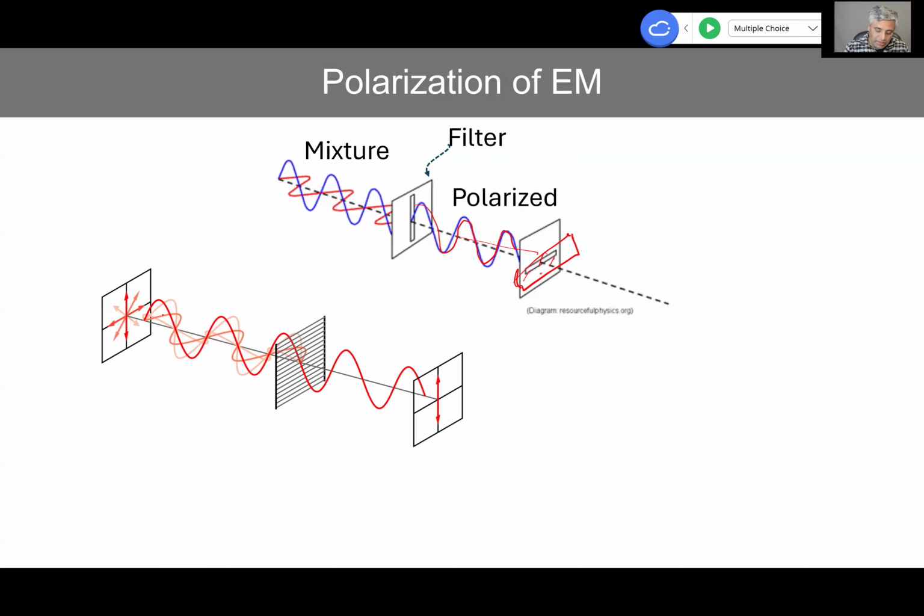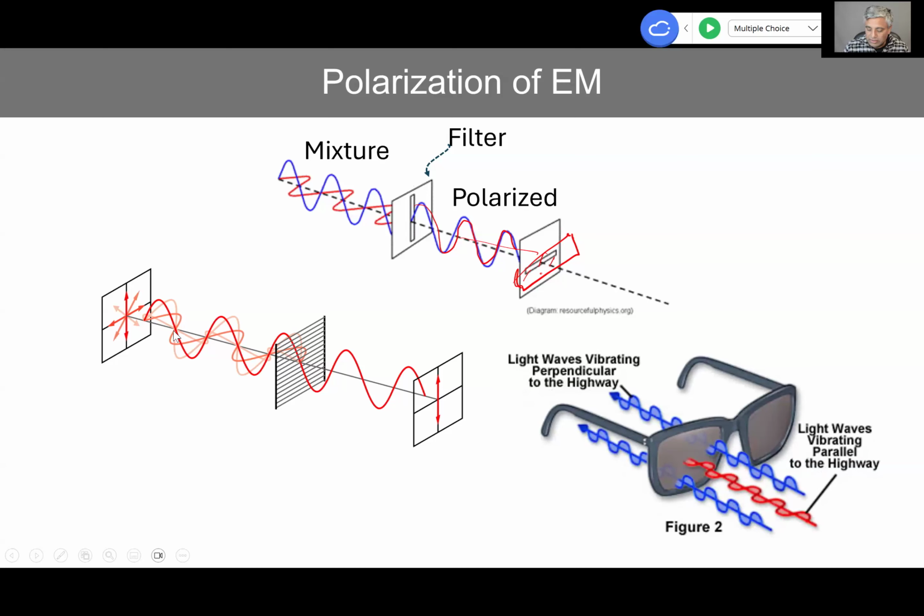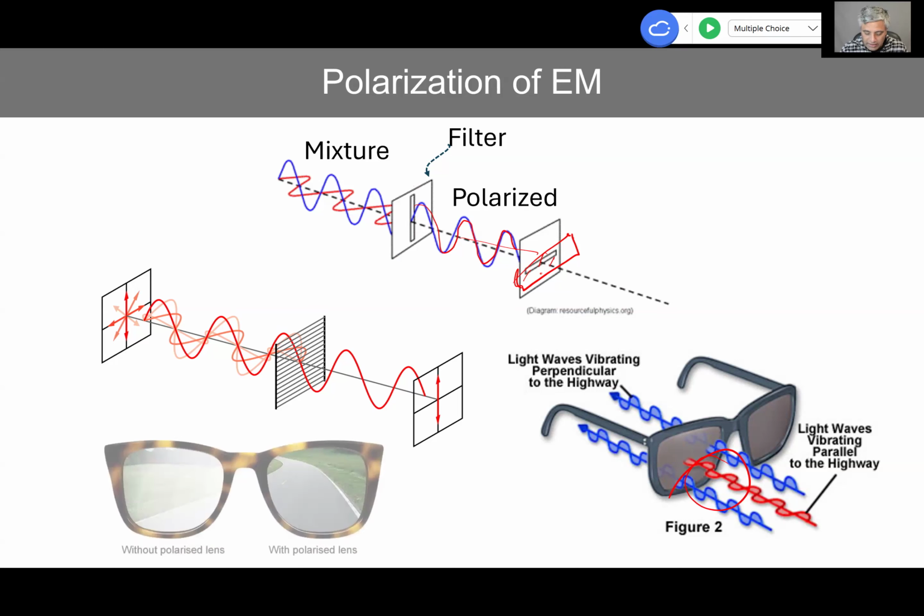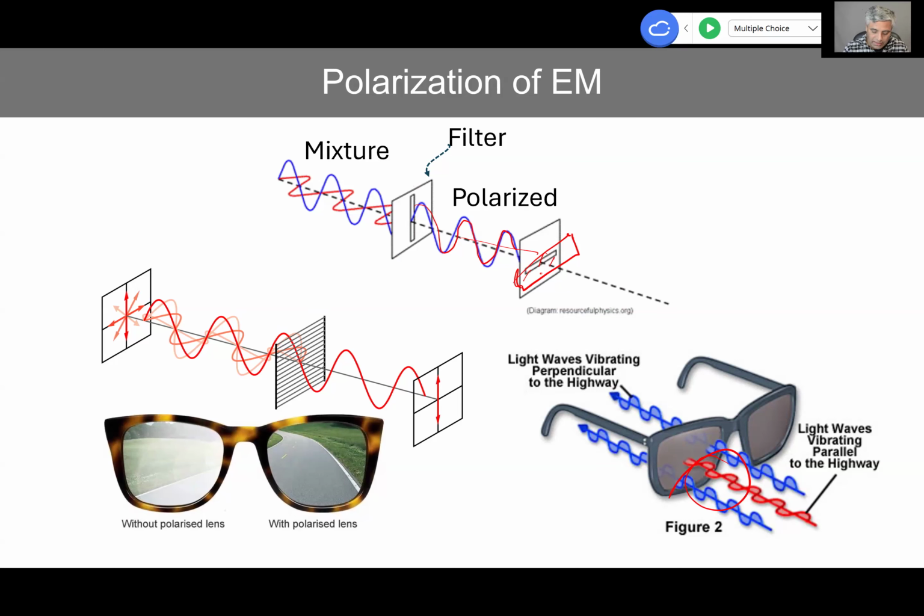So this is another example. And sunglasses do the same thing. They cut out the random part and just let a particular direction in. That way it eliminates the glare. So glare gets eliminated when you have polarized glasses.